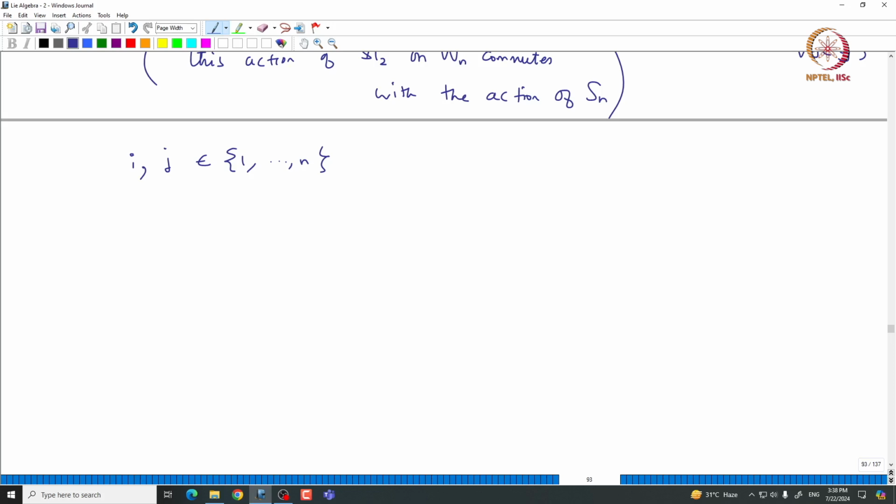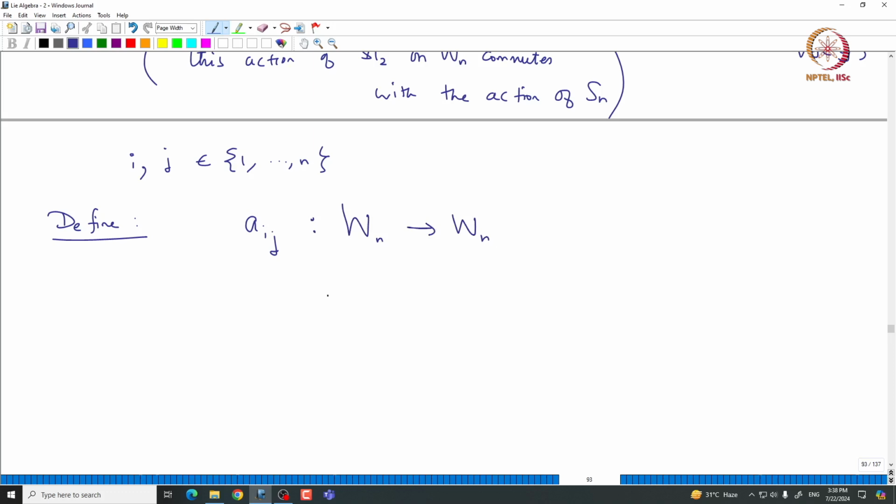Depending upon that, we are going to define some operators. We call them Aij and Bij. So Aij is an operator from Wn to Wn.